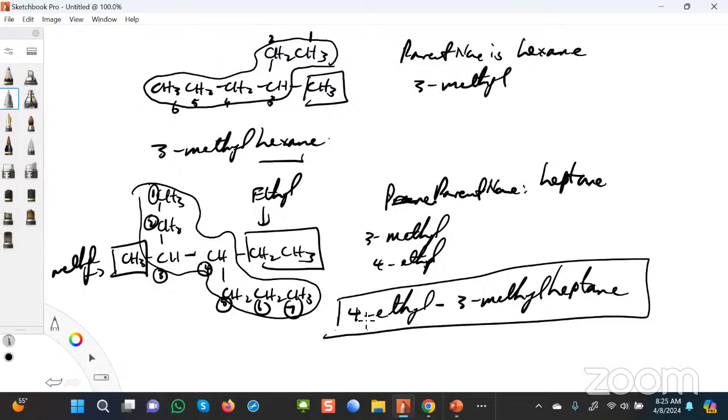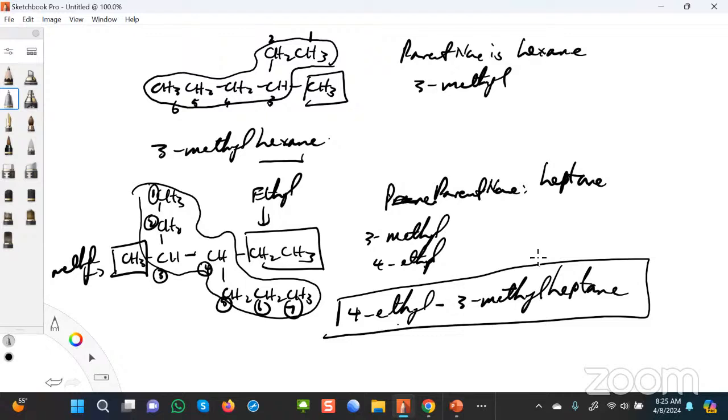Now, you might be asking or thinking, why is it that the 4-ethyl comes before the 3-methyl, right? And the answer is, if you go back to the rules I mentioned before, we say that we indicate the groups alphabetically in order, without any consideration of the number that represents their positions in the longest chain, all right?